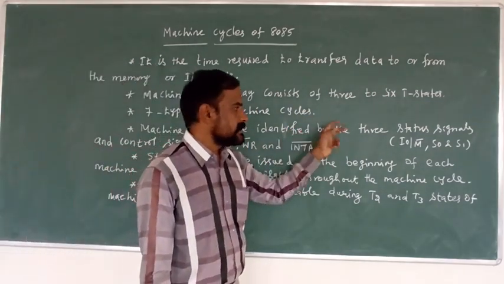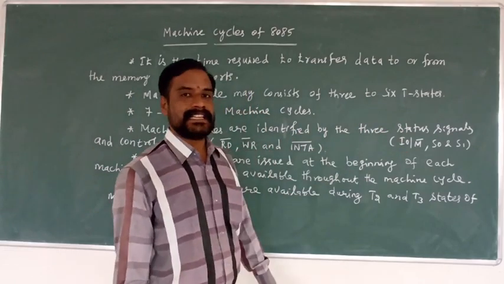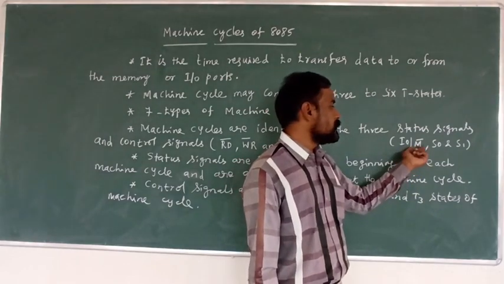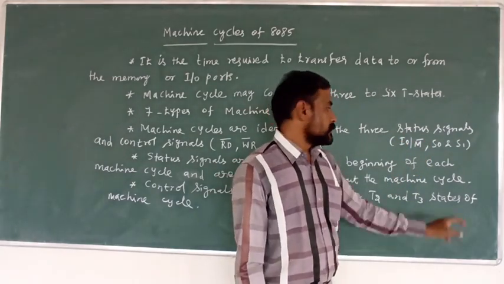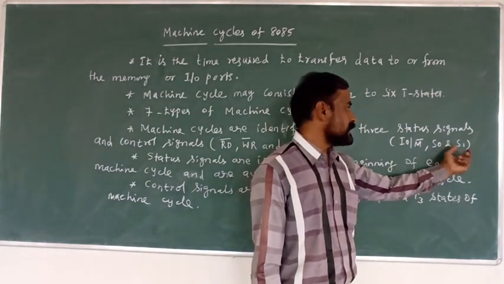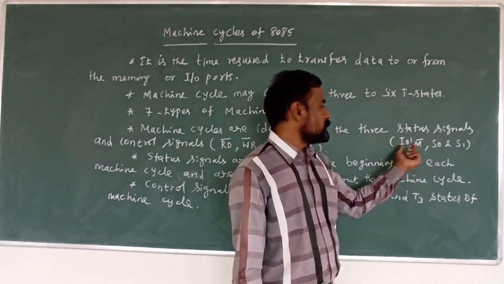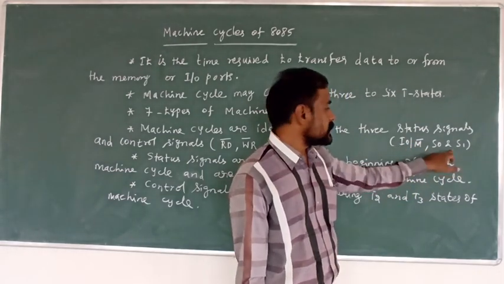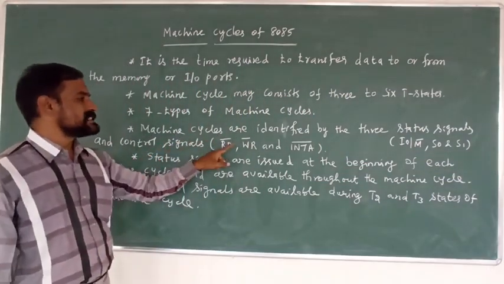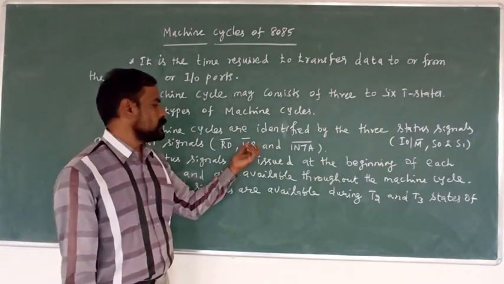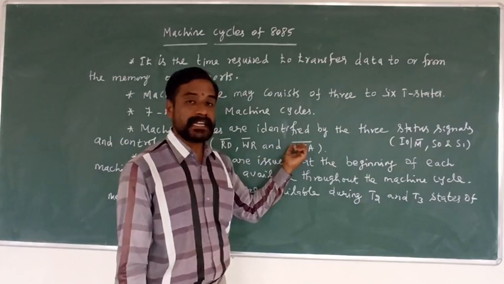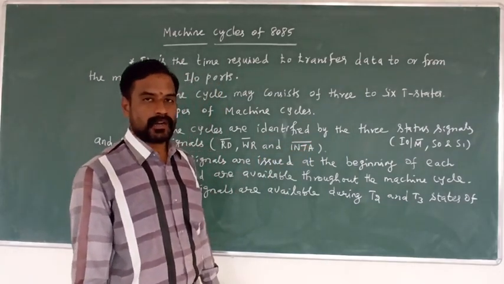They are identified by 3 status signals: input output or memory bar, S0 and S1. These are the status signals. There are also 3 control signals: read bar, write bar and interrupt acknowledge bar.